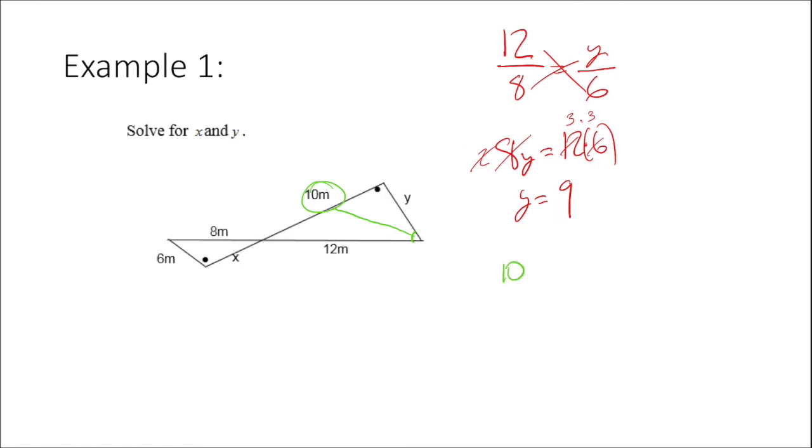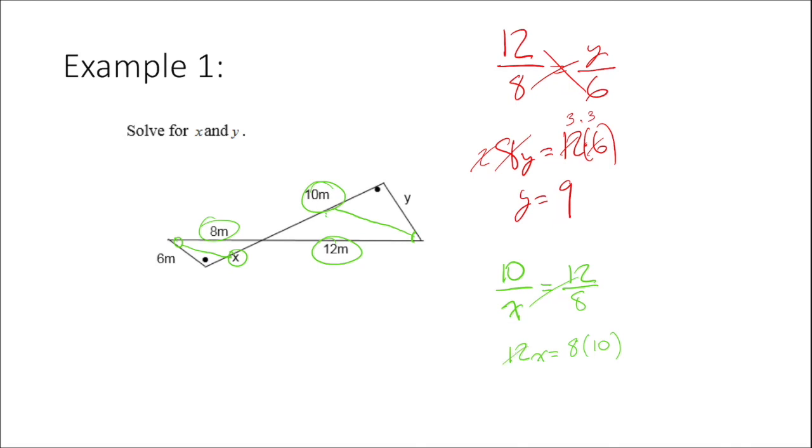So 10 over this opposite side corresponds to x. 10 over x is equal to, well, 10 is on the big triangle, so we're going to take 12 over 8. And we end up getting, let's cross multiply. 12 times x equals 8 times 10.